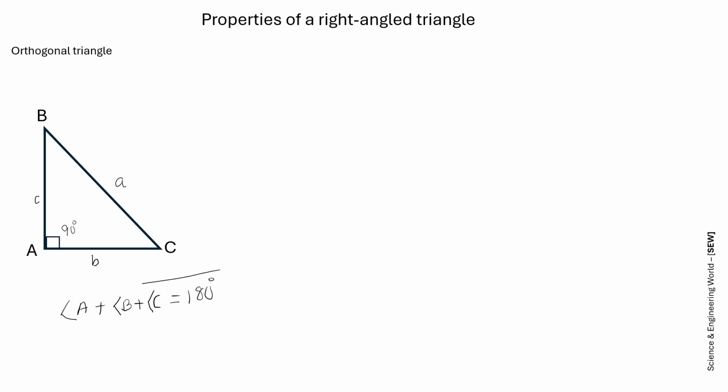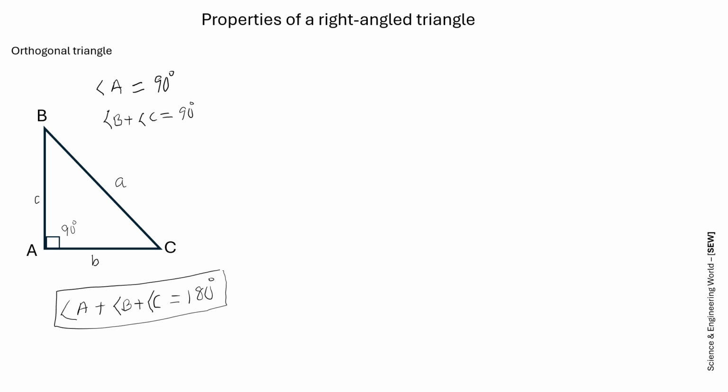So this is an established fact. But we know that angle A is 90 degrees. So angle B plus angle C must be equal to 90 degrees.